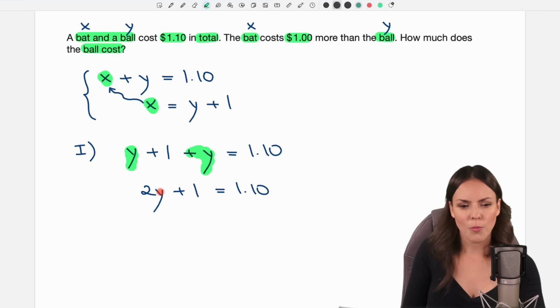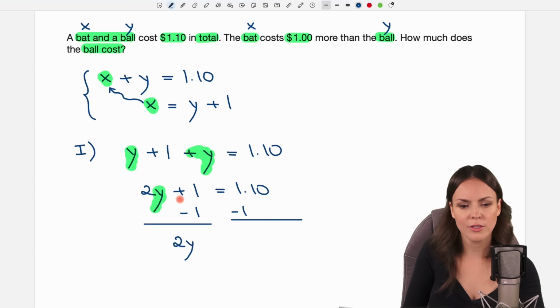Let's solve for Y by subtracting the 1 on both sides of the equation, so that here I only have my 2Y left, because this cancels out, and on the other side 1.10 minus 1 equals 0.10. To solve for Y, I only have to get rid of the 2, so I divide both sides of the equation by 2.